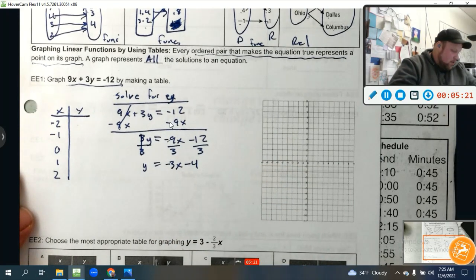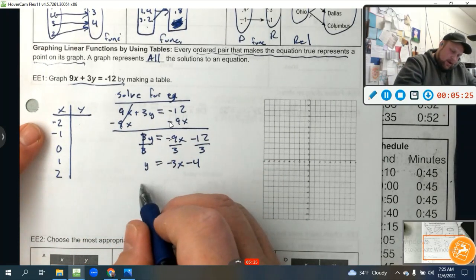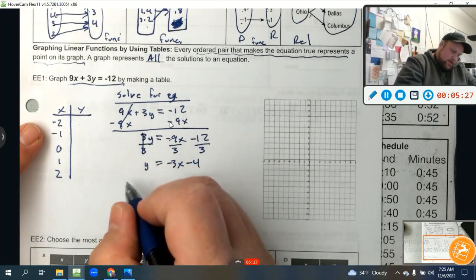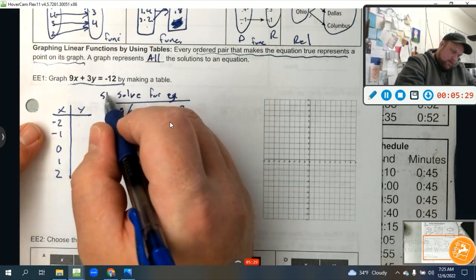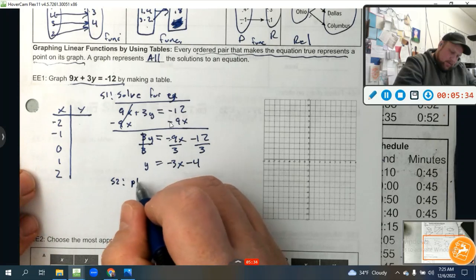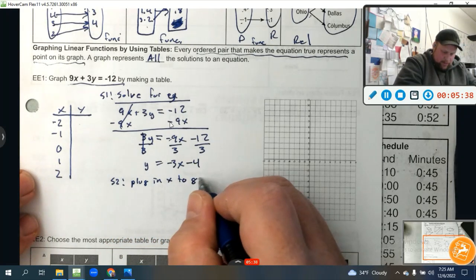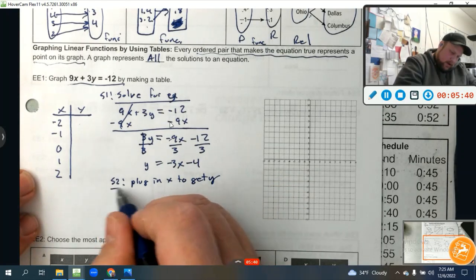So now watch what I can do. I'm just going to plug in each of these values. That's step 1, step 2: plug in x to get y. That's why x is independent.